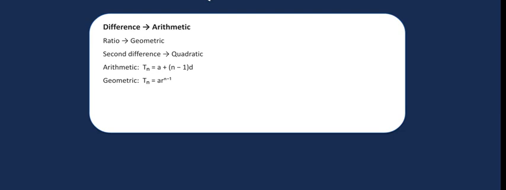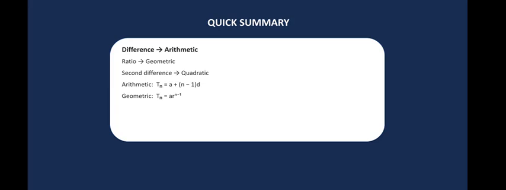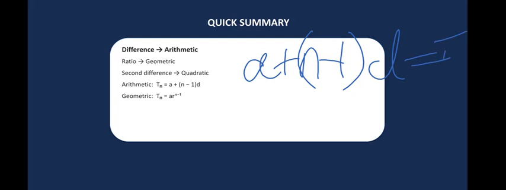So the first time, we're not going to have a constant difference. But if you find it for the second time and you get a constant difference, that means you are dealing with a quadratic sequence. For the formulas, for arithmetic, you are going to be using a plus n minus 1 d, that is going to be the Tn.